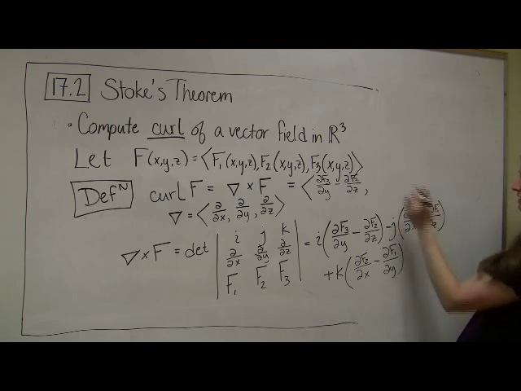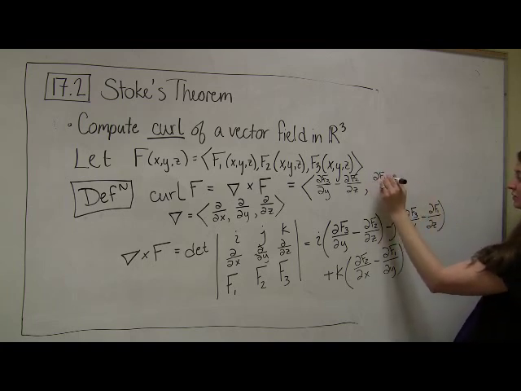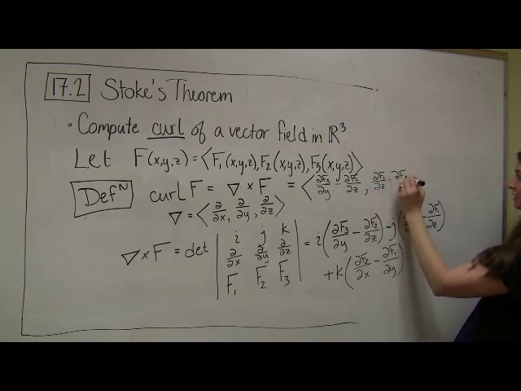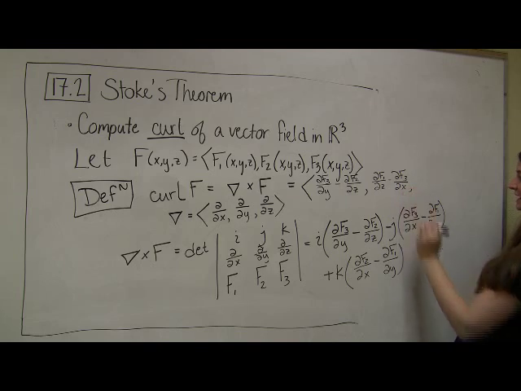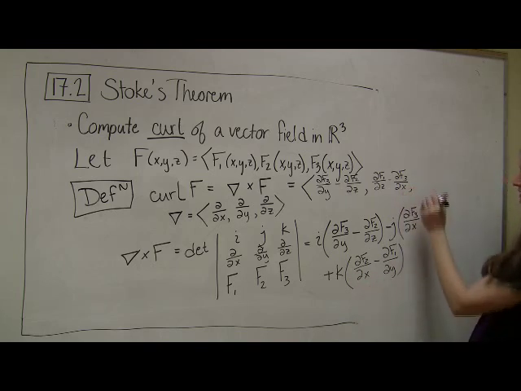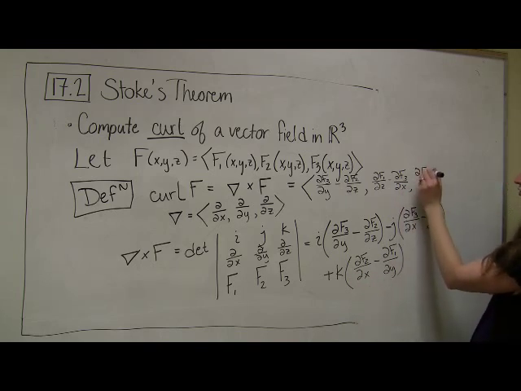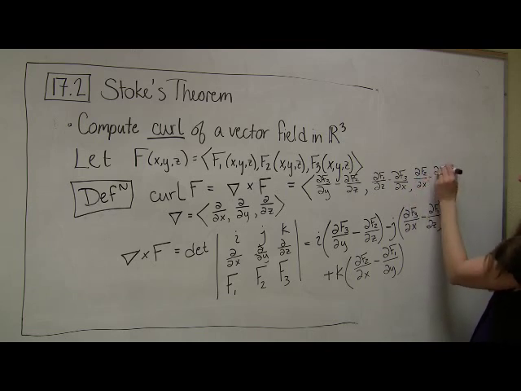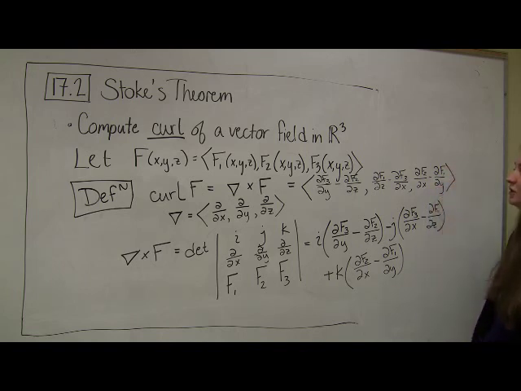When I distribute the negative sign, I end up with the partial derivative of f1 with respect to z minus the partial derivative of f3 with respect to x. And then my final component here is going to be my partial derivative of f2 with respect to x minus my partial derivative of f1 with respect to y. So that's my vector notation for the curl of F.